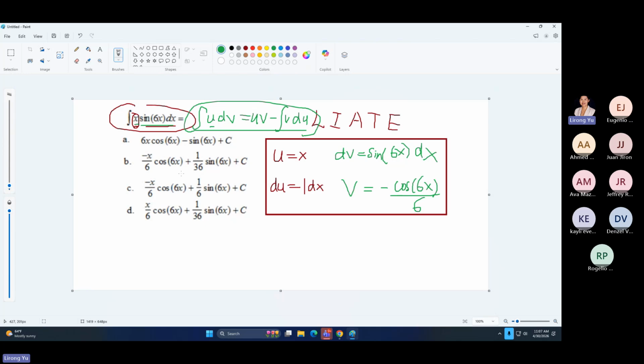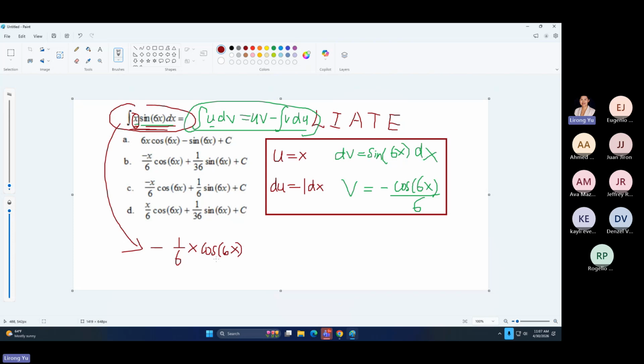So applying that formula with our actual function, the integration of u dv is equal to u times v, which is this u times this v. So we would have negative x multiplied by cosine 6x over 6. So we put 1 over 6 in front, and we have cosine 6x.